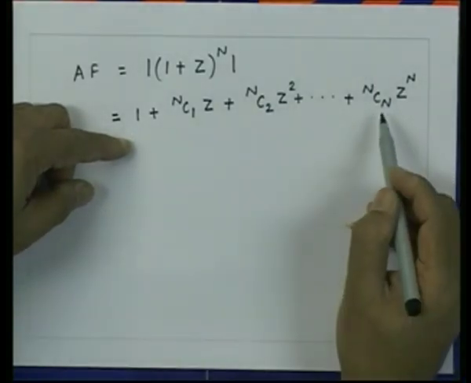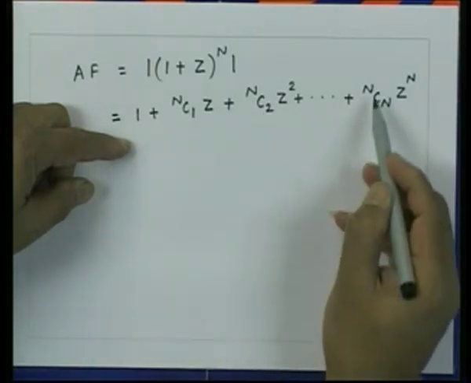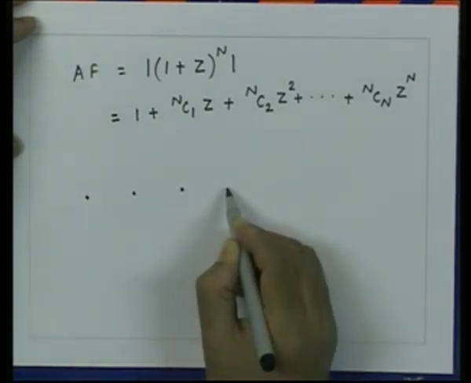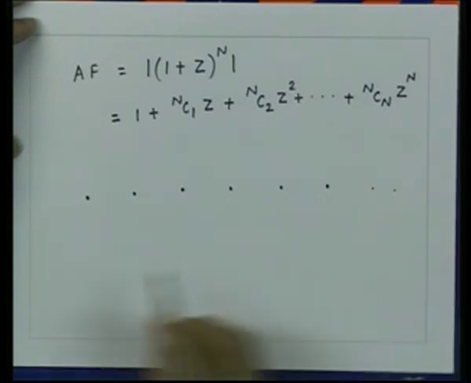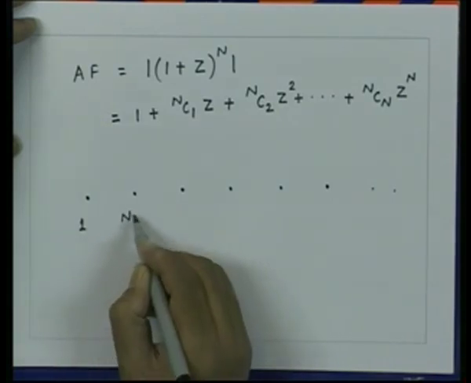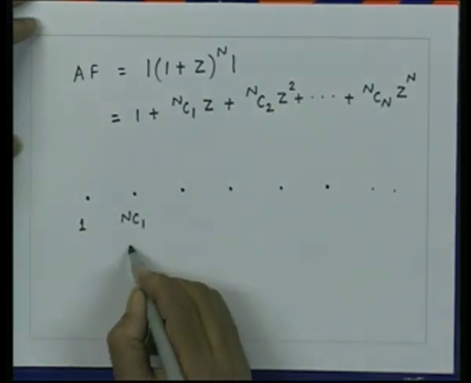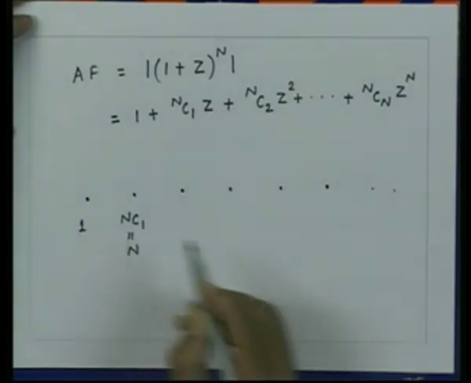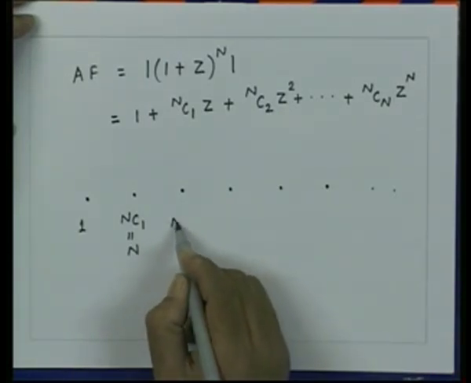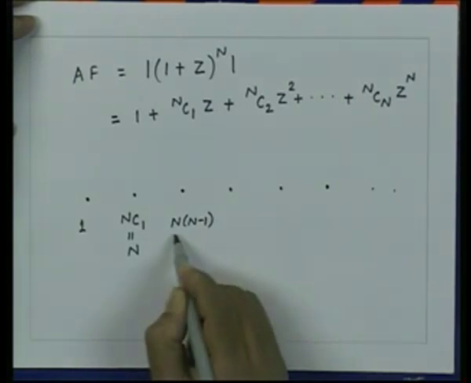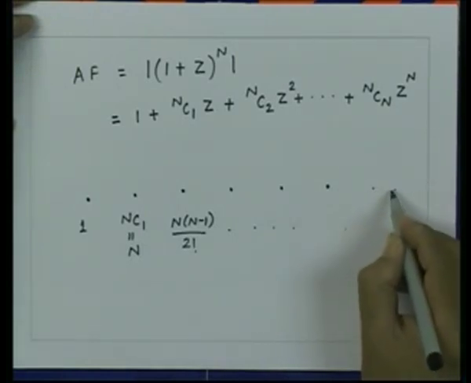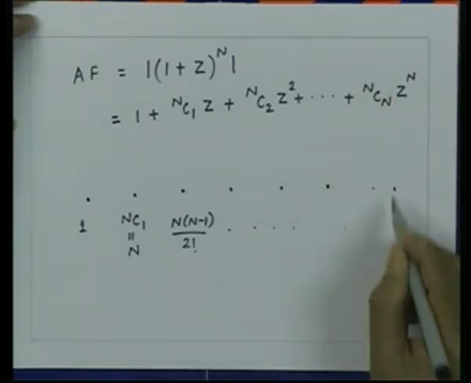So, if I consider an array of n plus 1 elements, the coefficients would be 1, nC1, which is equal to n, nC2, which would be n into n minus 1 upon factorial 2, and so on till I go to the last element, which is nCn, which is again equal to 1.